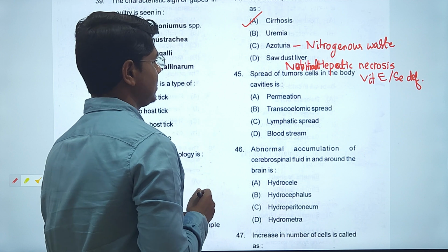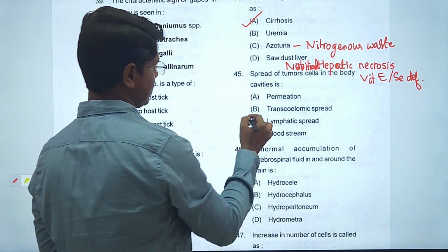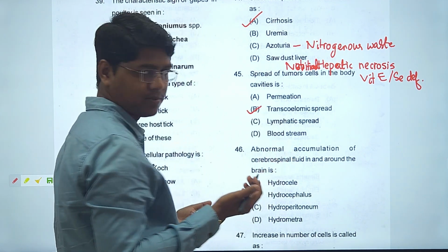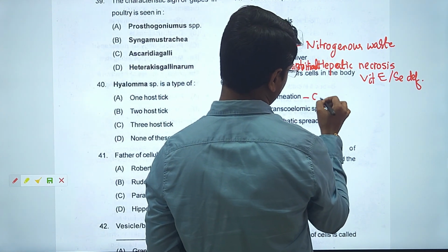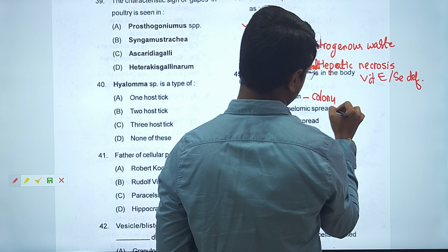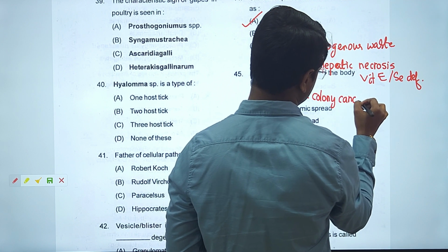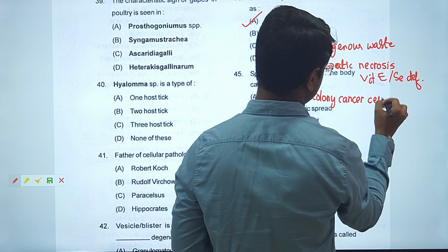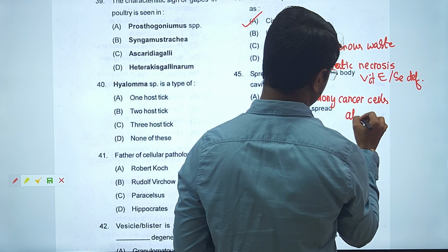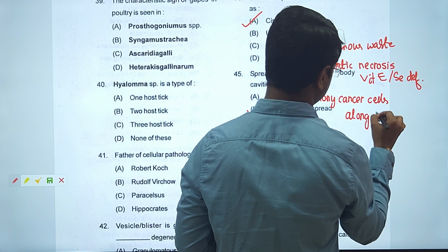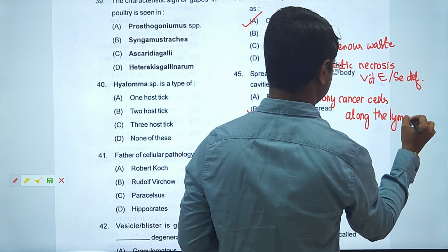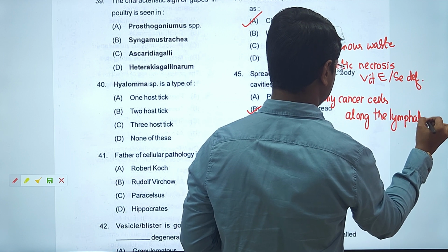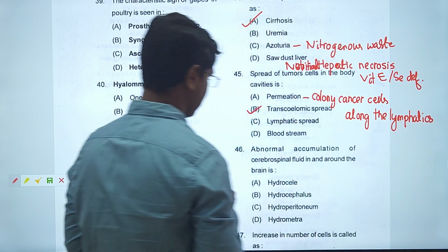Spread of tumor cells in the body cavity is transcoelomic spread. You know, lymphatic spread and also bloodstream spread. Permeation means when you find a colony of cancer cells along the lymphatic vessels.